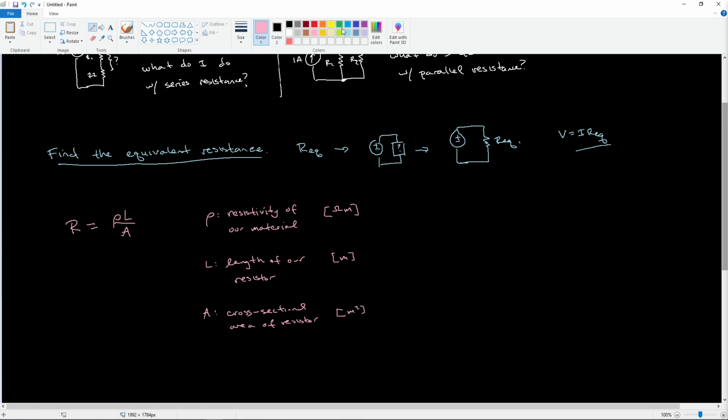If we looked at the dimensions specifically, rho is ohm meters, length is meters, and area is meters squared. So in the numerator you get meters squared, and we have cancellation. And then you're just left that resistance is in ohms, right? And that's how Georg wanted it. That's how we defined it.